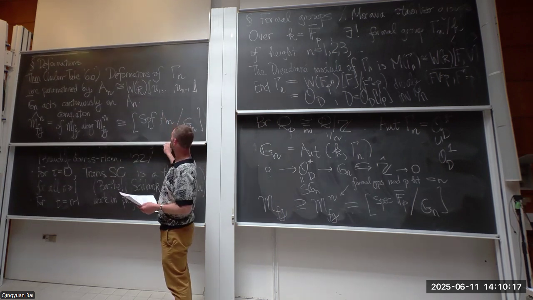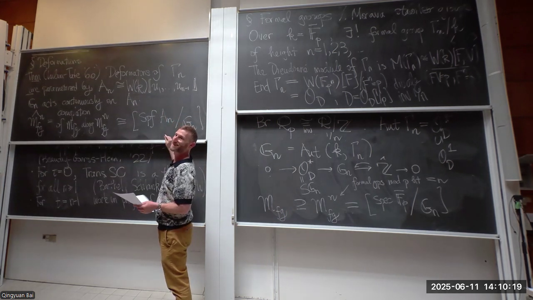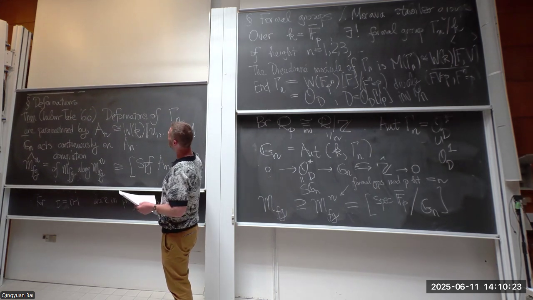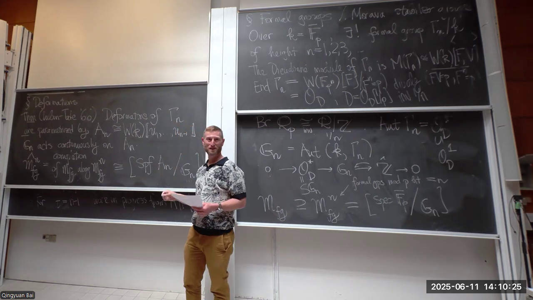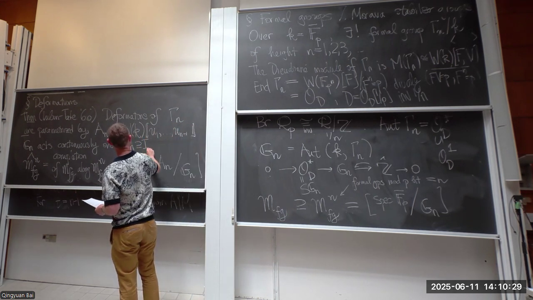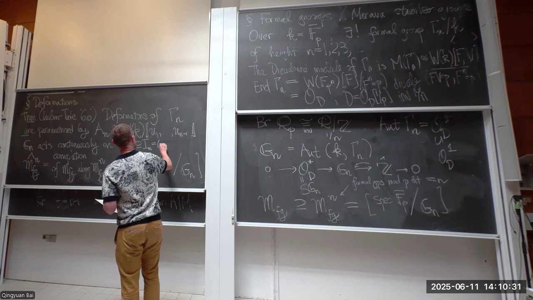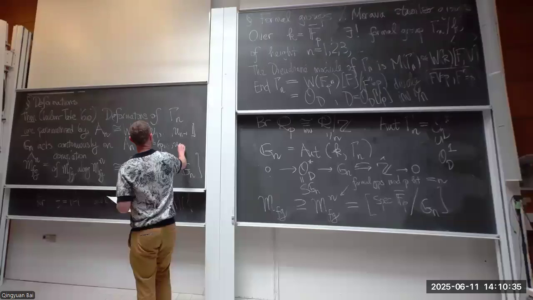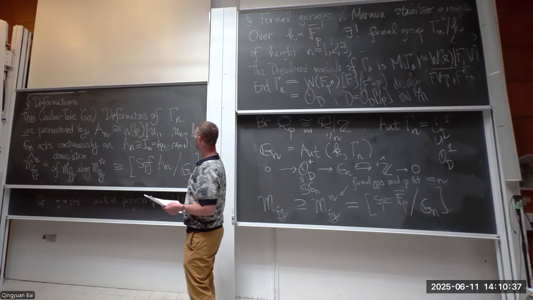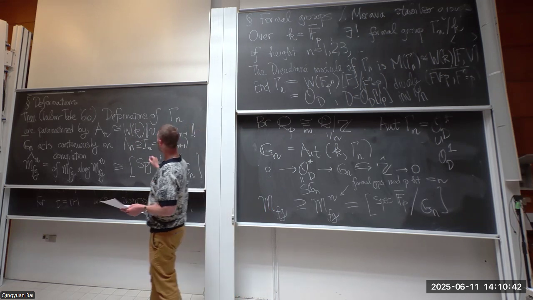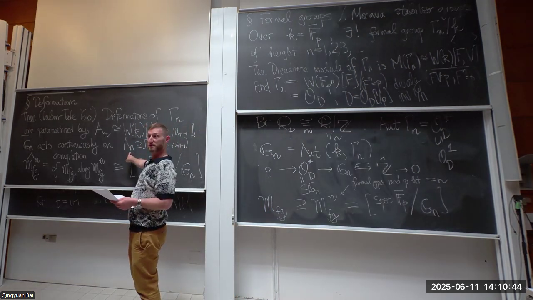When you write this, what topology do you want? Great question, there's some missing information on this. So on A_n, I want to give it the I_n-adic topology. The maximal ideal is the thing generated by all the variables, including the p, and I want this to generate the topology.